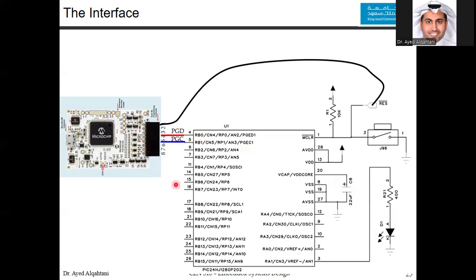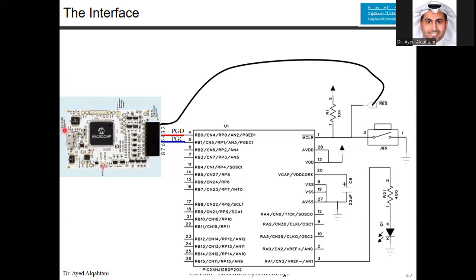Other than that, now we connect this to the Snap hardware. Before using the Snap, you might use your laptop or your PC. You do your program and make sure that it's correct, the one that we will explain in the next slide. Once you're done with the program, you will feed it to the microcontroller through Snap.